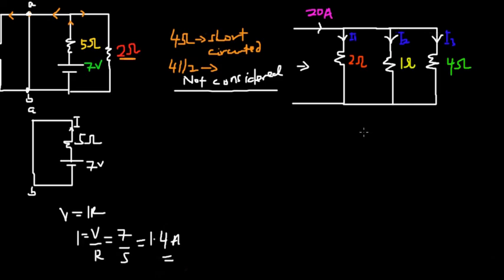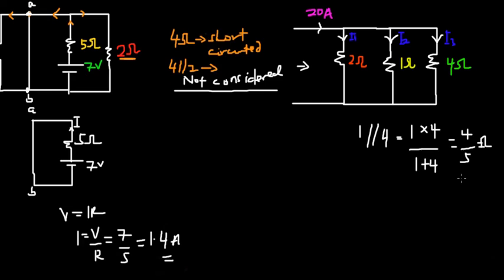So we have the 1 ohm being parallel with the 4 ohm. So we have 1 times 4 divided by 1 plus 4, giving us 4/5 ohm.